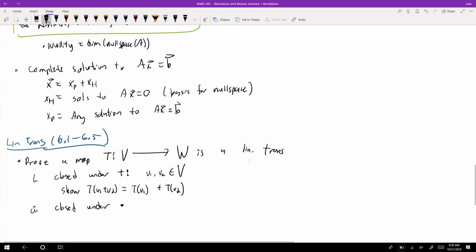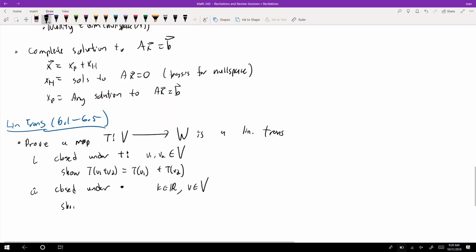So we take K in R, and we take V in big V, and we want to show that T of KV is equal to K times T of V. Look familiar?